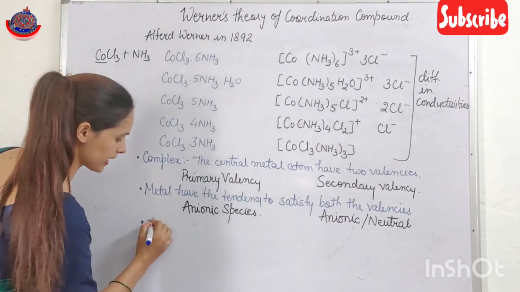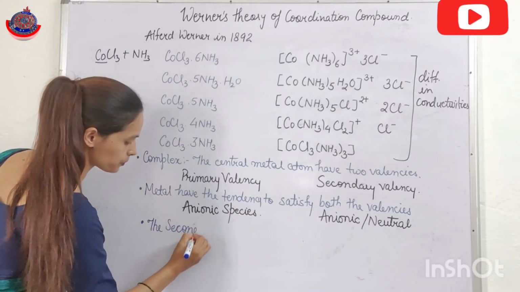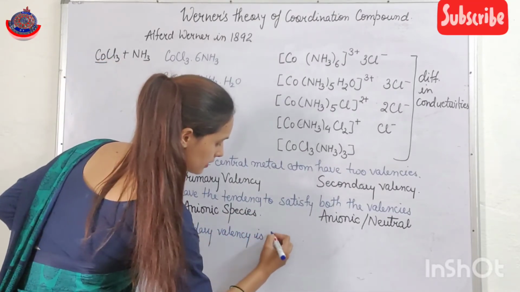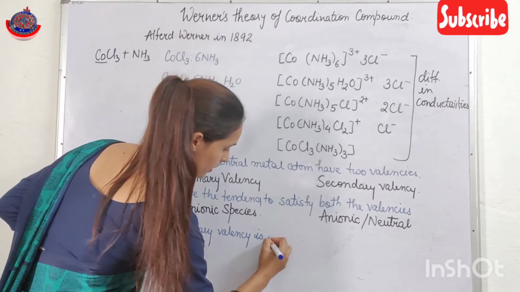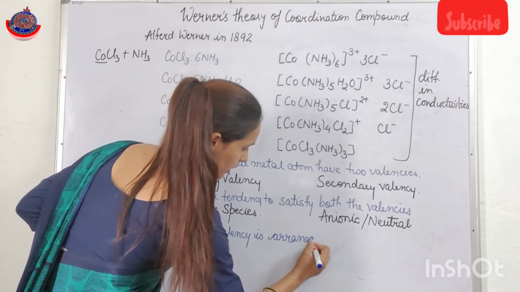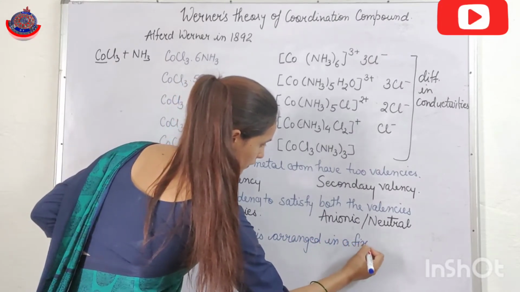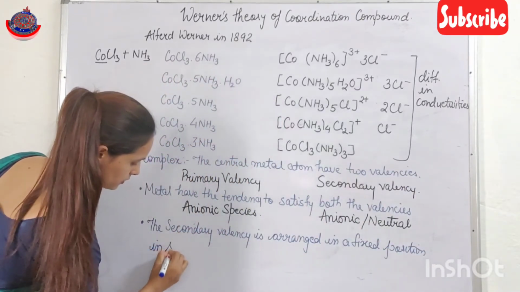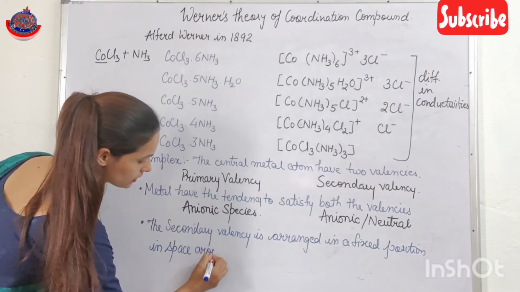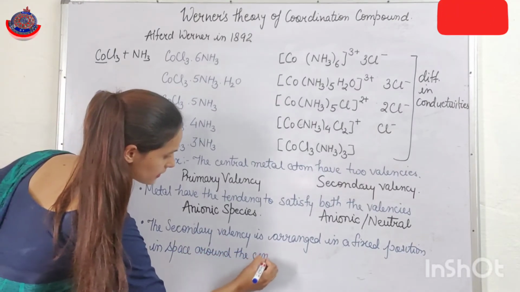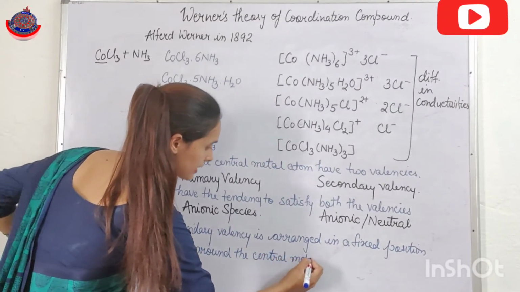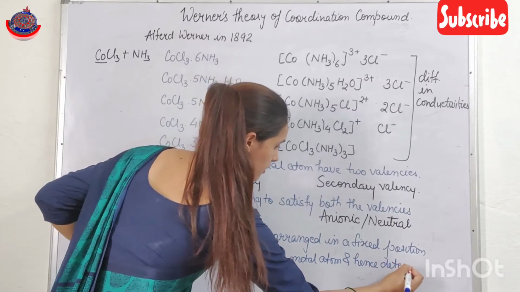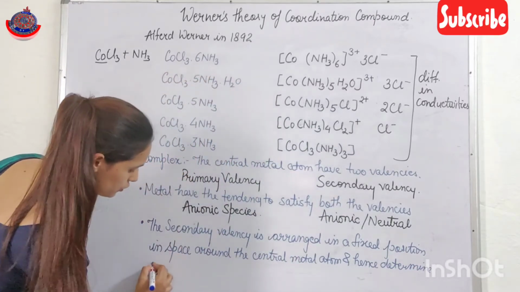Now the third postulate is the secondary valencies. The atoms of the secondary valency are arranged in a fixed position in space around the central metal atom and hence determine geometry.